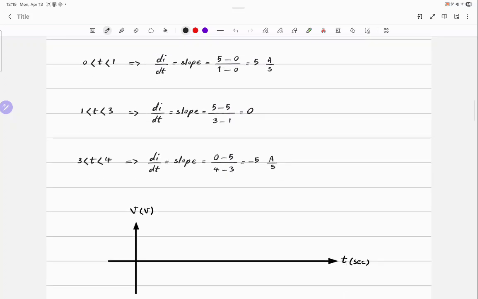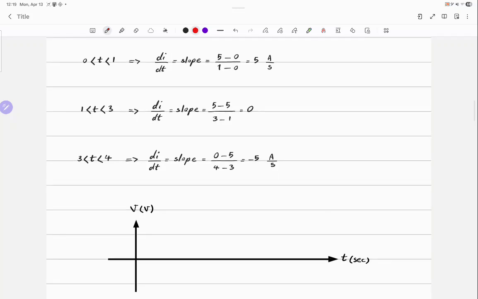Okay, let's plot this. So I have 1, 2, 3, and 4.